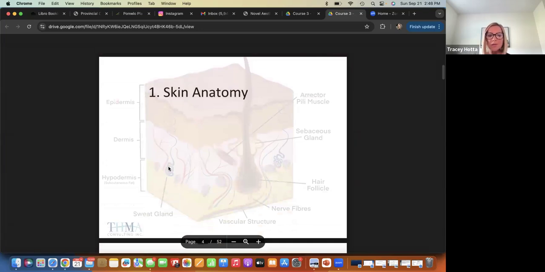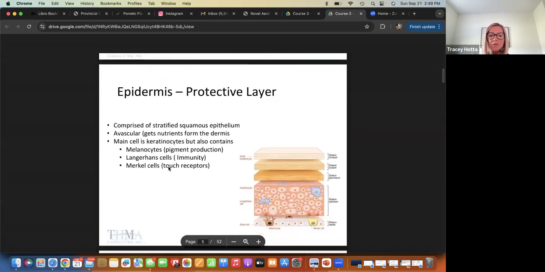As you can see from this photo, the skin is comprised of different layers and also has different nerve supply, blood supply, and hair follicles as well. What we'll discuss first is the epidermis, which is the outer layer of the skin, and that is our protective layer.